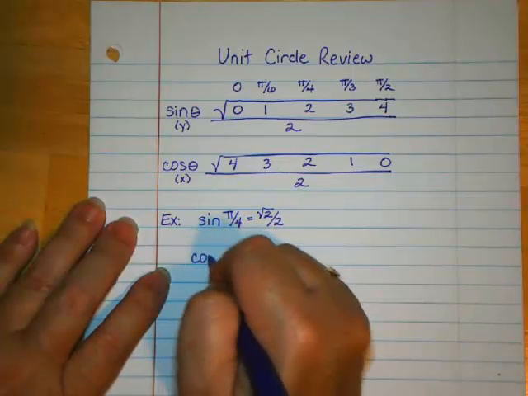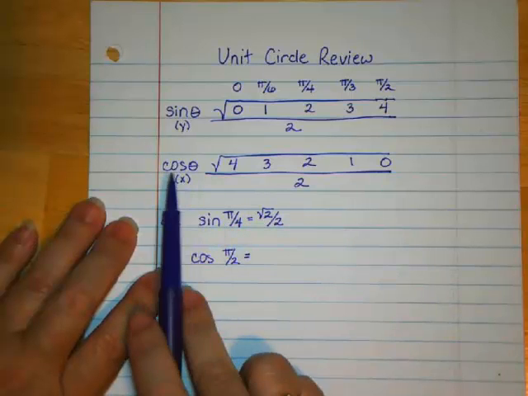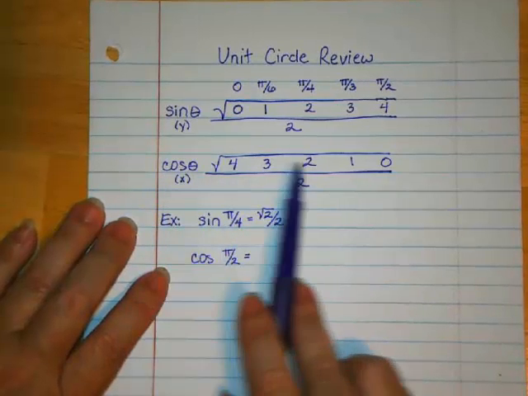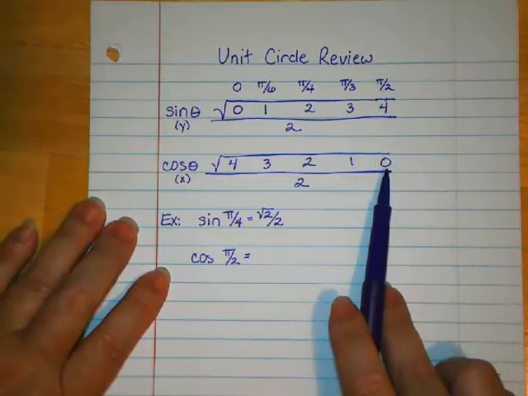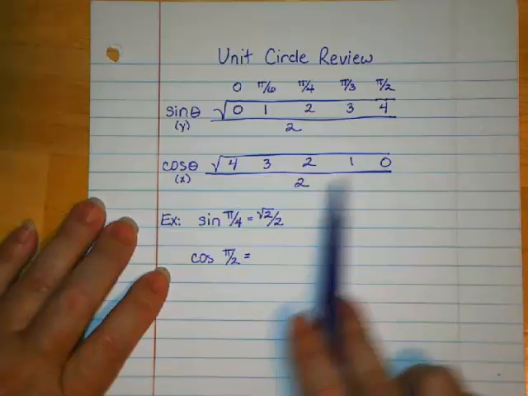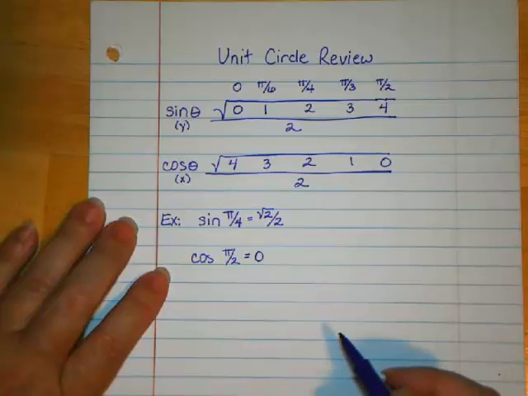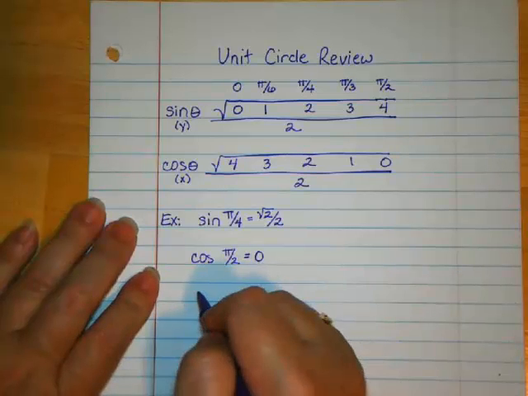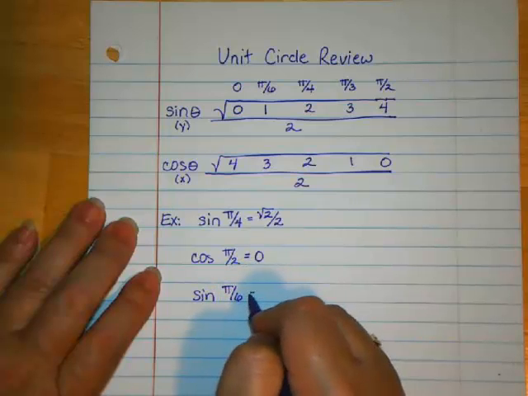So the answer is the square root of 2 over 2. What about the cosine of pi over 2? Now I need to go to the cosine. Pi over 2 is the farthest one to the right. So that tells me it's the square root of 0 over 2, which is just 0.